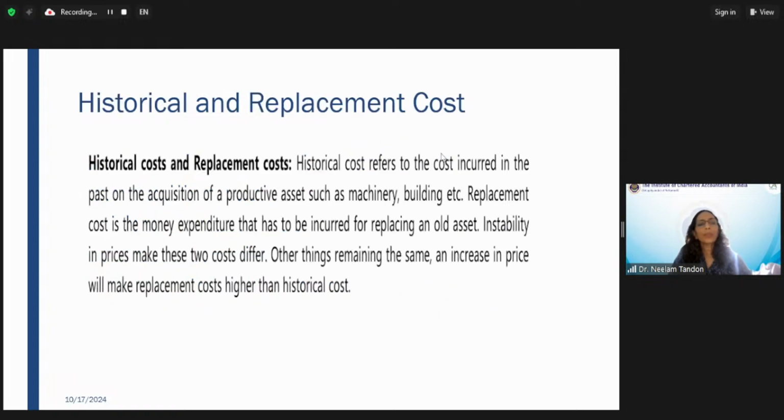Okay. Then historical and replacement cost. What is historical and replacement cost? Historical cost, जैसे आप accounts में पढ़ते हैं ना, historical cost. So historical cost is the cost जो suppose you started your company in 2018.